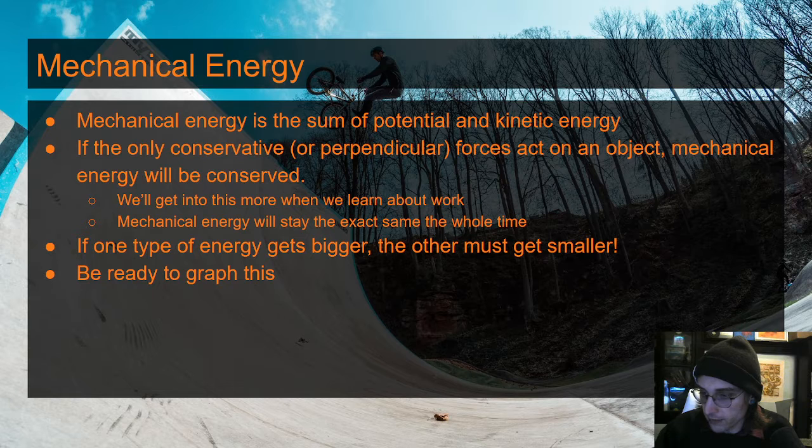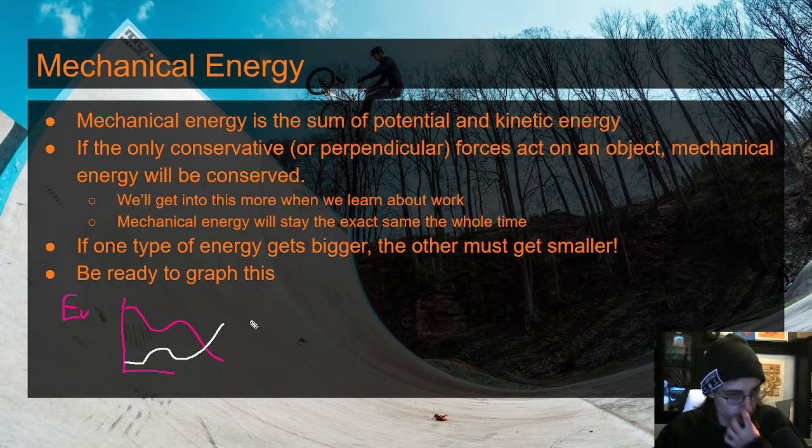In particular, what graphs of this stuff will look like: if we've got a graph of potential energy as our first line, if our potential energy looks like this in red, then our kinetic energy should look something like this in white. So this one is EK.